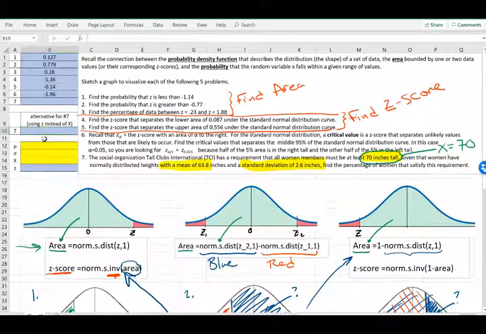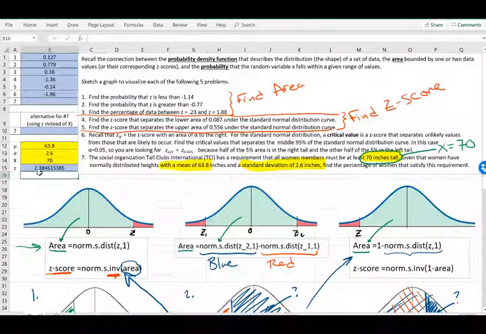Okay, so our mean is 63.8. Our standard deviation is 2.6. Our x value is 70, and z-scores are equal to the x minus the mean, all divided by the standard deviation.